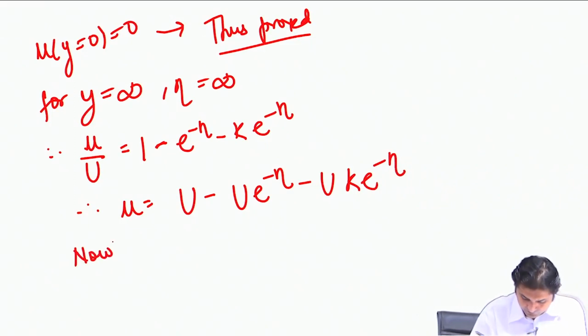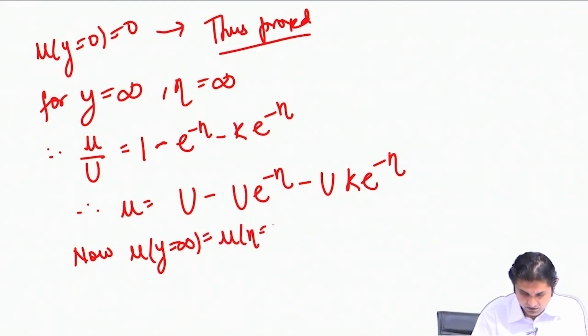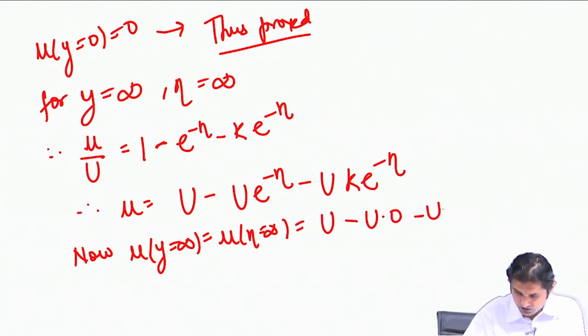Now u at y equal to infinity, which is u at eta equal to infinity, is equal to U minus U into 0 minus U into k into 0.